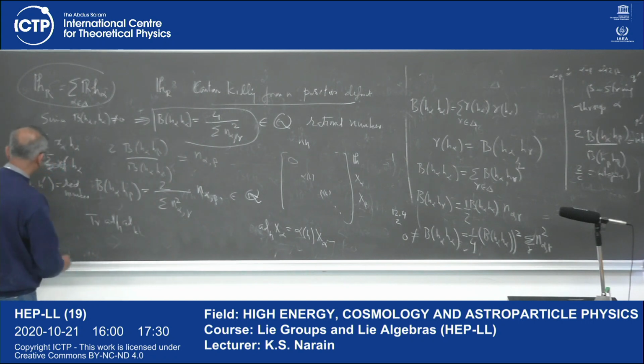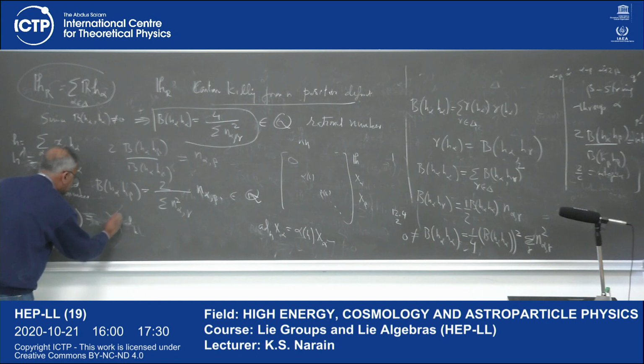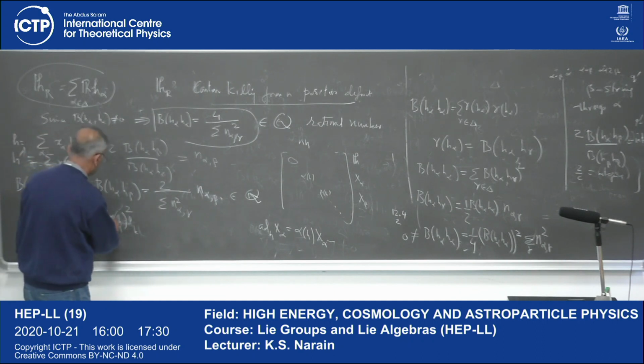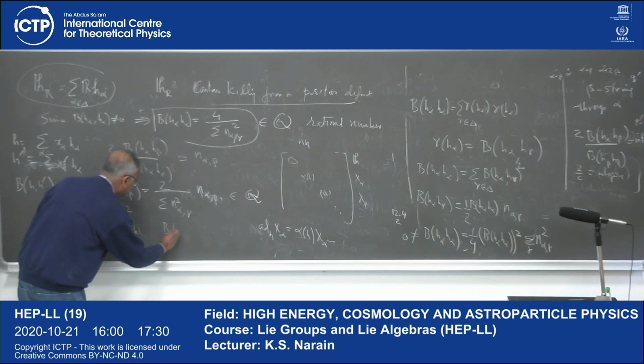And finally, if you look at the B of H H, the same H, that we already know is the sum of gamma H square, over gamma belonging to the delta, right? This is again from that exercise. B of H H is nothing else but the sum of gamma H square. But gamma H itself is real because this is nothing else but B of H gamma, H, right?